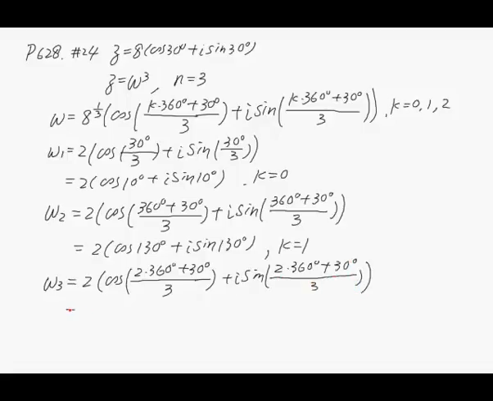And then you simplify. 2 times 360 degrees is equal to 720. 720 plus 30, you have 750. And 750 divided by 3, you have 250. So you have 2 times cosine of 250 degrees plus i times sine of 250 degrees. And then done. Let's move to the next problem.